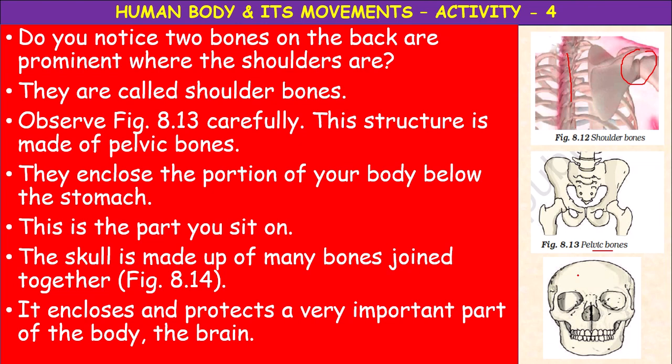The brain is a very delicate, soft, and very important organ of our body, isn't it? So it needs more protection. The skull acts like a helmet. It acts like a box. It is called the cranium, which protects the brain.